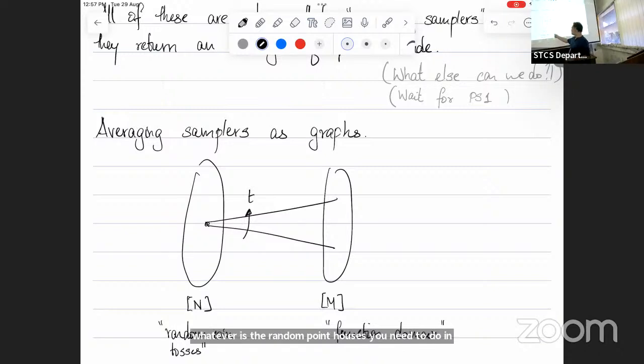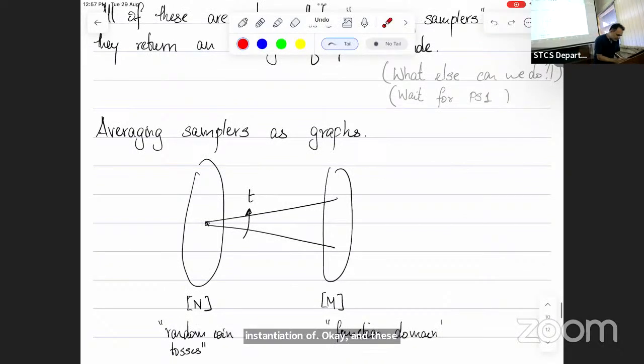So every vertex on the left corresponds to one instantiation of coin tosses, and the t neighbors are the t samples that this algorithm is going to eventually take an average of. So this is just averaging samplers, written down as a graph.